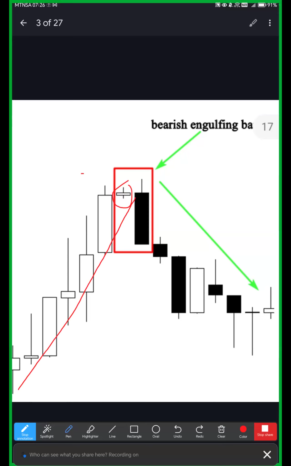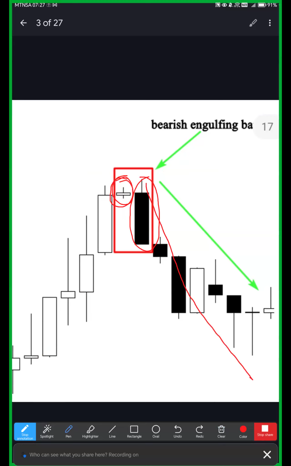So the market trended this way. When it reached this level, the price couldn't go further up. So here the sellers managed to trap the buyers. They did catch the buyers here. Then we end up seeing price going down.